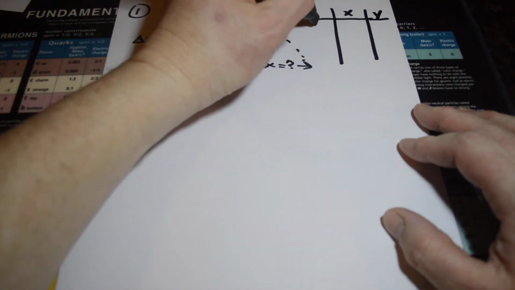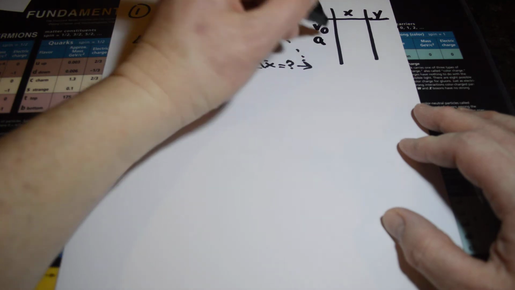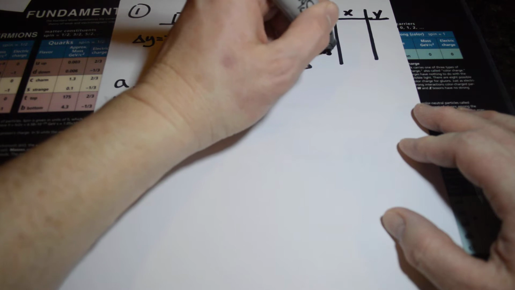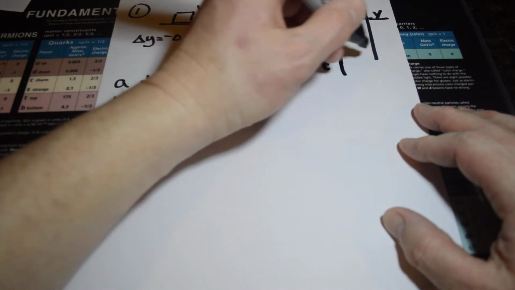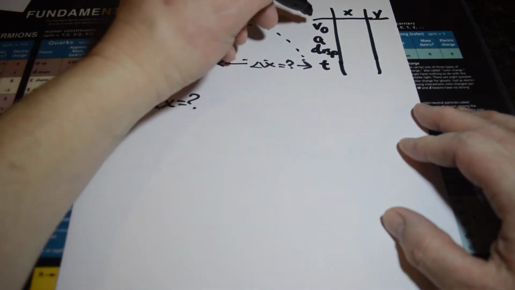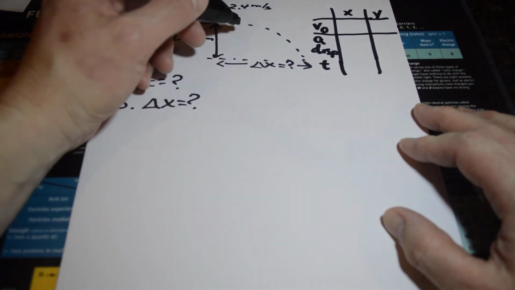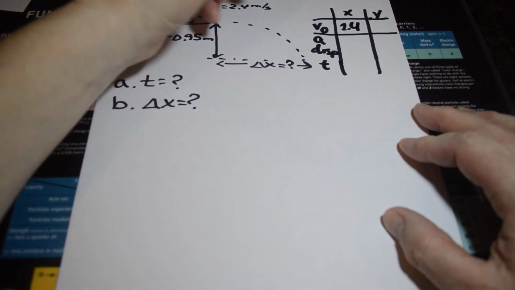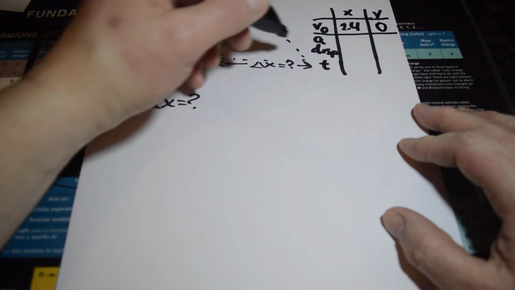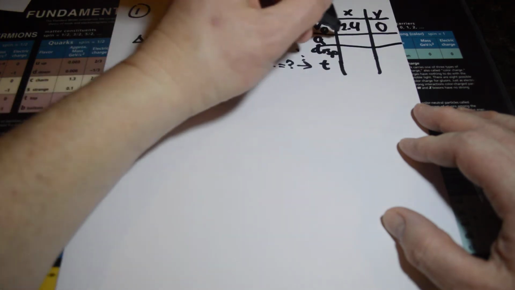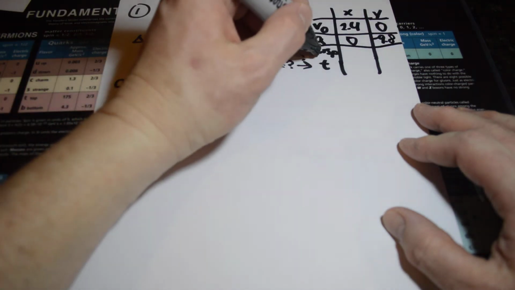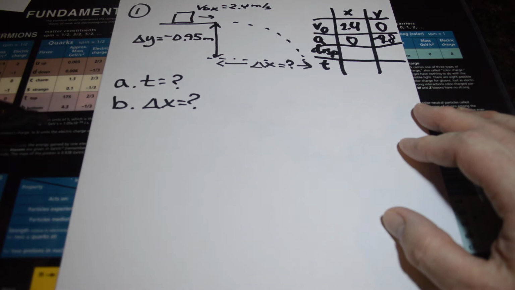So first we'd say V naught, maybe A, displacement, and time, as a function of which direction you're at. In the x direction, the velocity was 2.4. In the y direction, it's 0. The acceleration in the x direction is always 0, and in the y direction, negative 9.8 if you use that as your direction, positive versus negative.